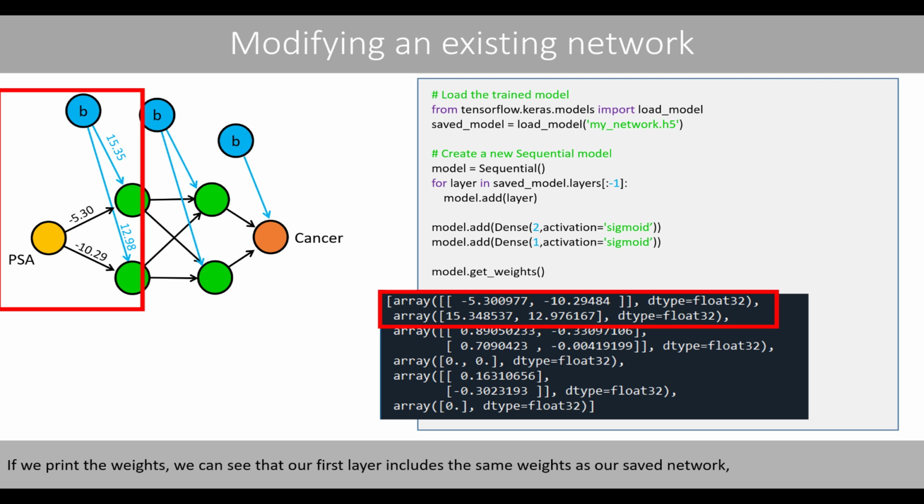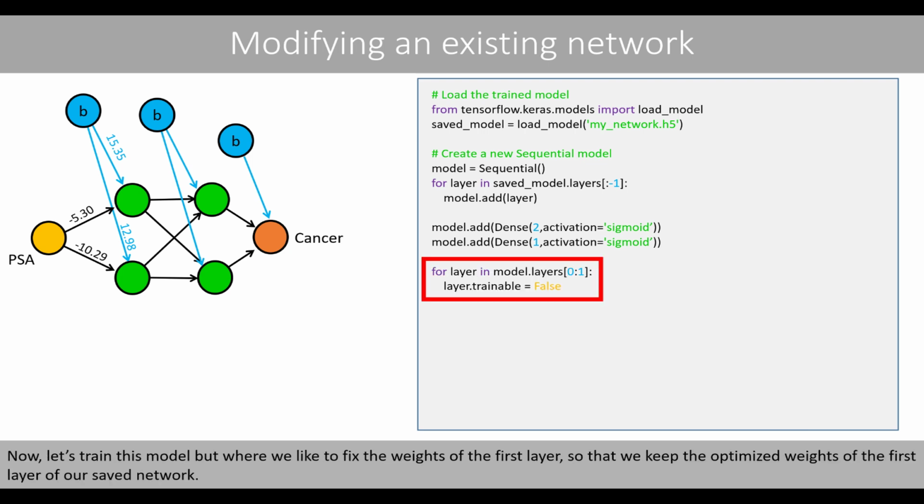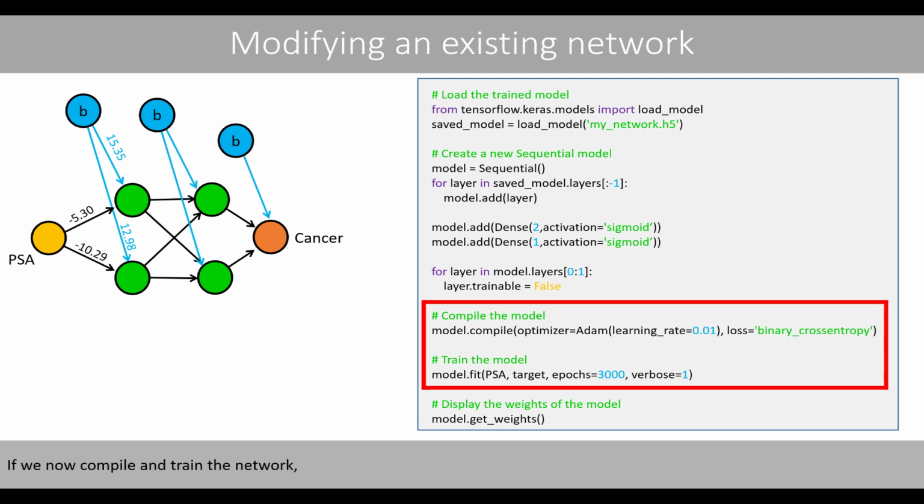If we print the weights, we can see that our first layer includes the same weights as our saved network, and that the additional new layers have got some random values of the associated weights. Now, let's train this model, but where we would like to fix the weights of the first layer so that we keep the optimized weights of the first layer of our saved network.